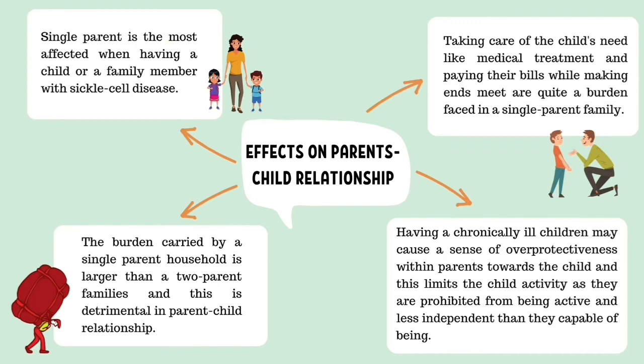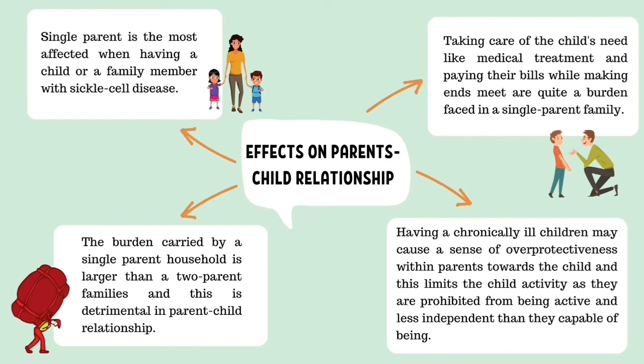Second point is the effects on the parent and child relationship. A single parent is the most affected when having a child or a family member with sickle cell disease. This is because the burden carried by a single-parent household is larger than in two-parent families, and this is detrimental to the parent-child relationship.